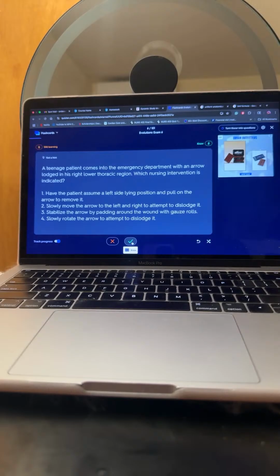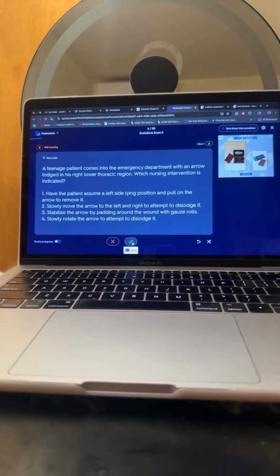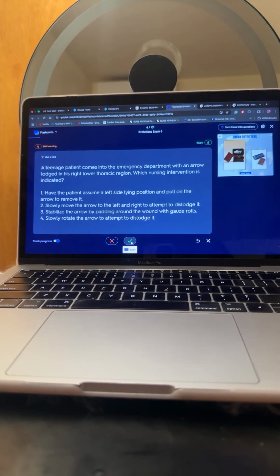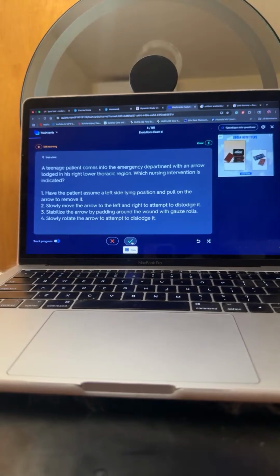For whoever is on the live, let me know what you think the answer is. If someone has an arrow or any type of penetrating object in them, do you think we're pulling it out? Do you think we're turning the patient to their side? Are we just leaving it? What do you think?